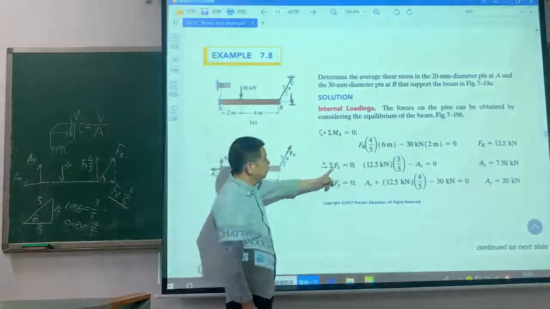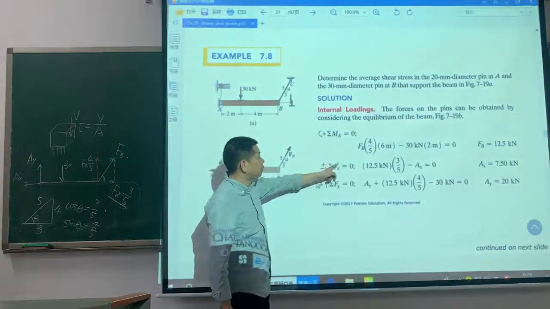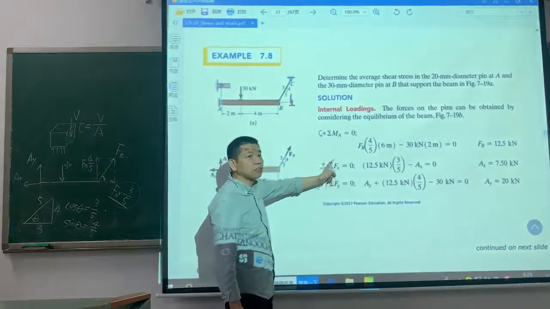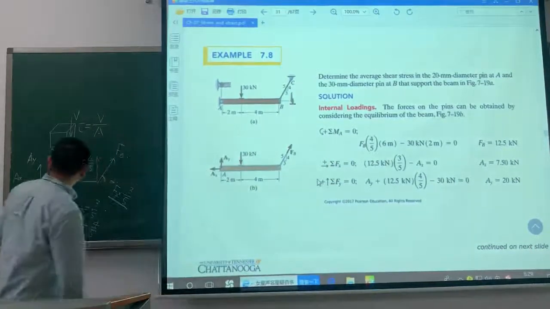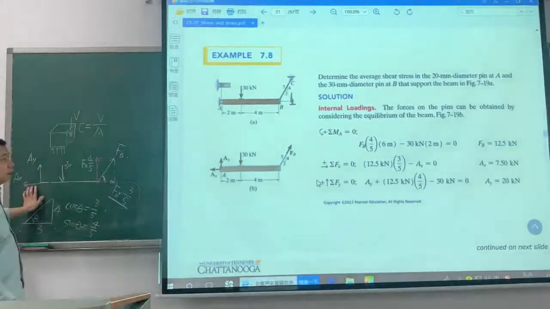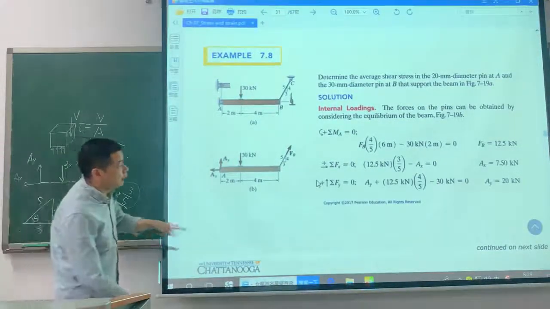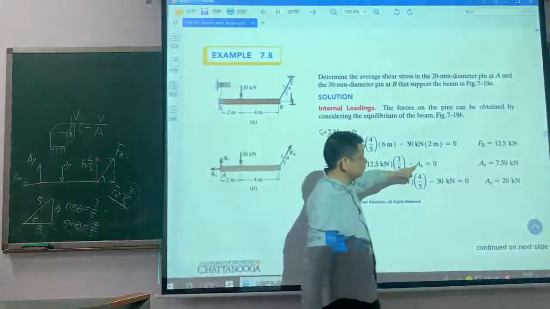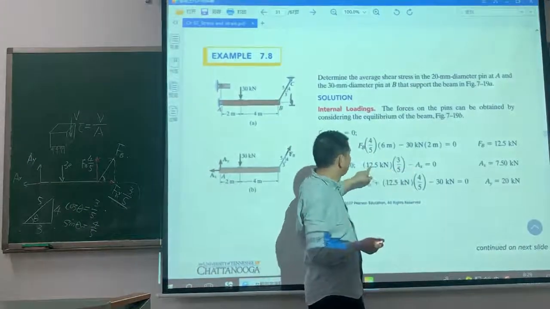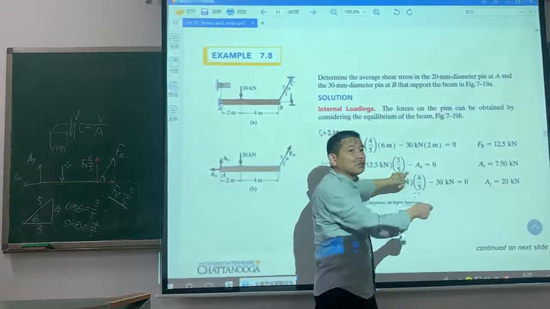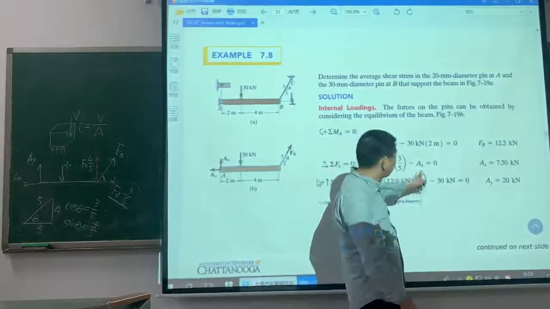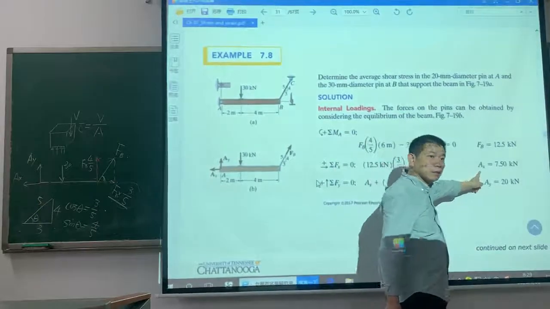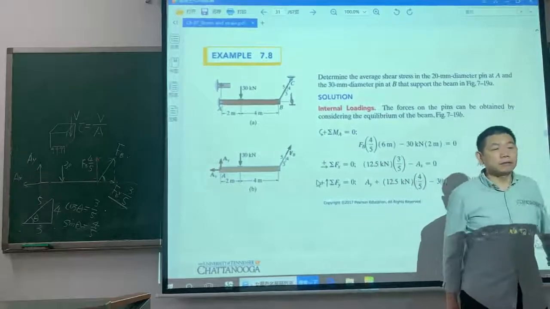The meaning of this sigma Fx is that the summation of all the horizontal forces is 0. So it's AX minus it, positive, negative. So we find AX is 7.5.